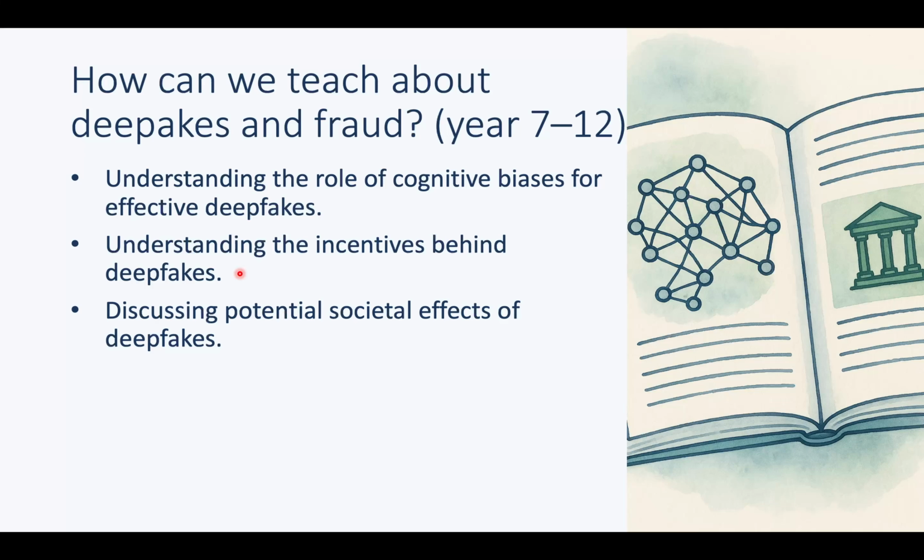Looking deeper into the incentives behind deepfakes. Sometimes it's just harmless, doing something for fun and getting attention for it. Sometimes it's for getting money. Sometimes it's for affecting opinion of kids or particular subgroups of society, and that could be foreign powers trying to affect you.